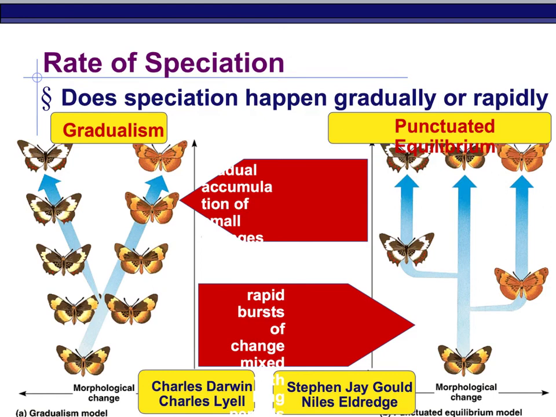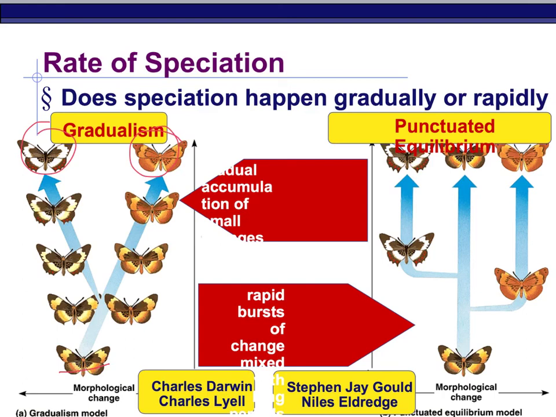Over the years, there have been a lot of arguments as to how quickly evolution or even speciation happens. Is it a gradual process, or is it all or nothing? A lot of people lean to the theory of gradualism, the one over here on the left, where an ancestral species slowly over time develops some slight changes, and now we have two different species, maybe even some species being formed along the way.